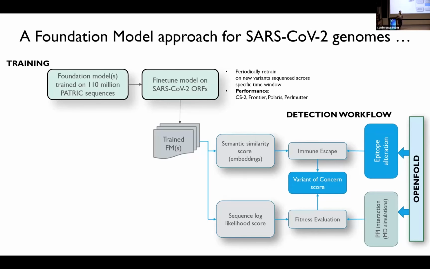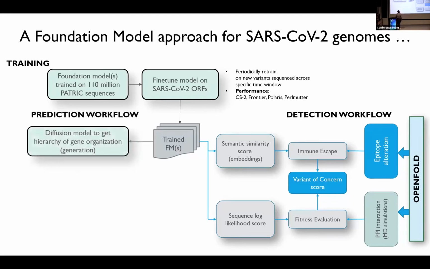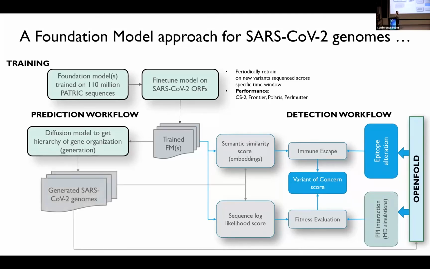What is more interesting is the fact that you can take this idea even further. So now I have a trained foundation model. I can use this diffusion model that I was talking to you about to find the hierarchy of gene organization and generate new samples, right? And once I start generating these new samples, I have these synthetic SARS-CoV-2 genomes, and I can get into a lot of trouble for saying that, but I'm going to use that term here.